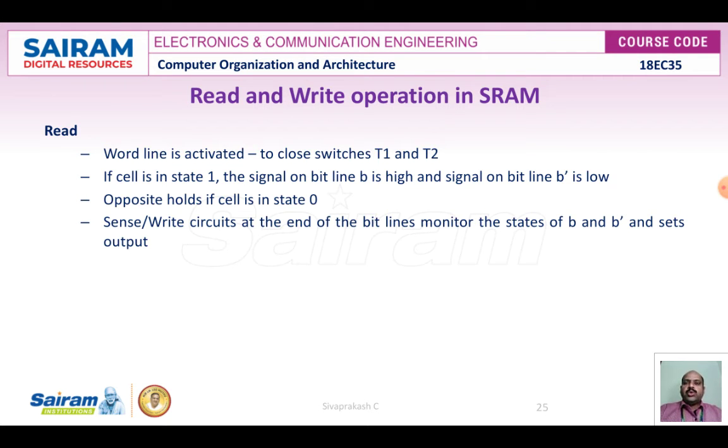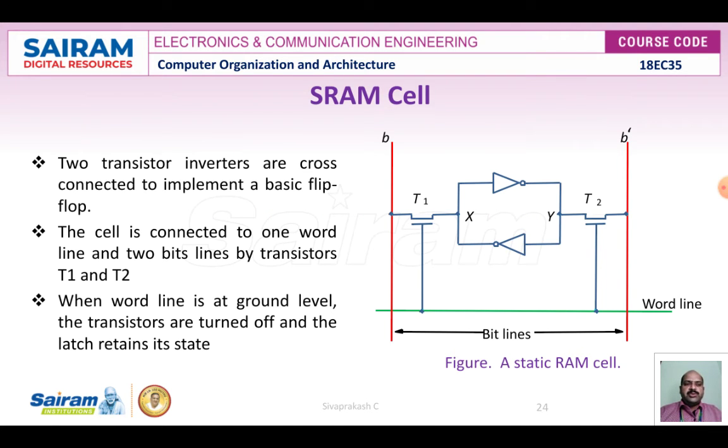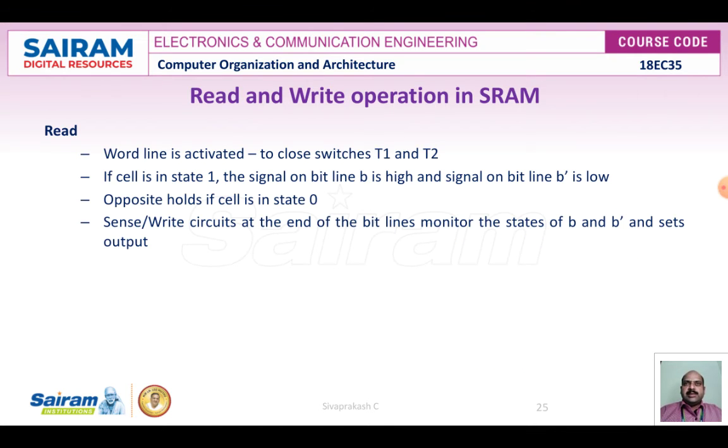In order to read the state of the SRAM cell, the word line is activated to close the switches T1 and T2. If the cell is in state 1, the signal on the bit line B is high and B dash is 0.